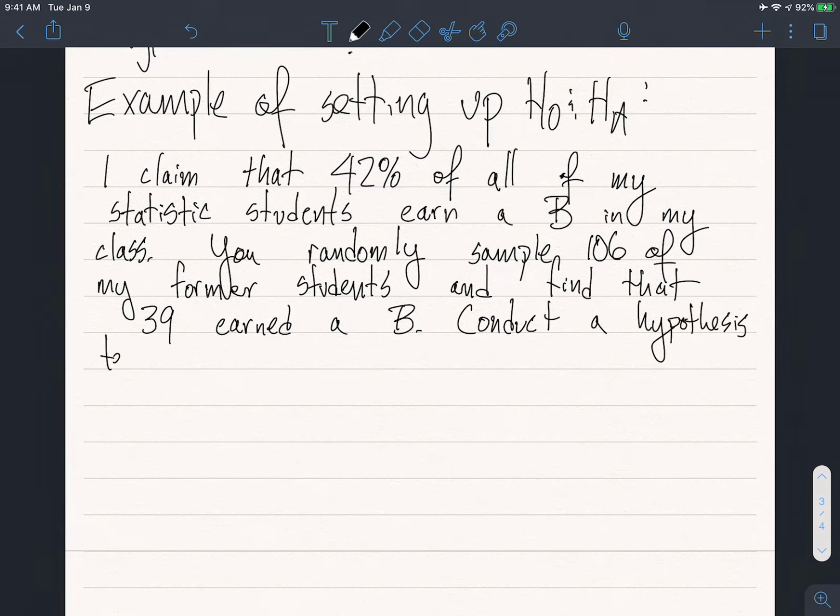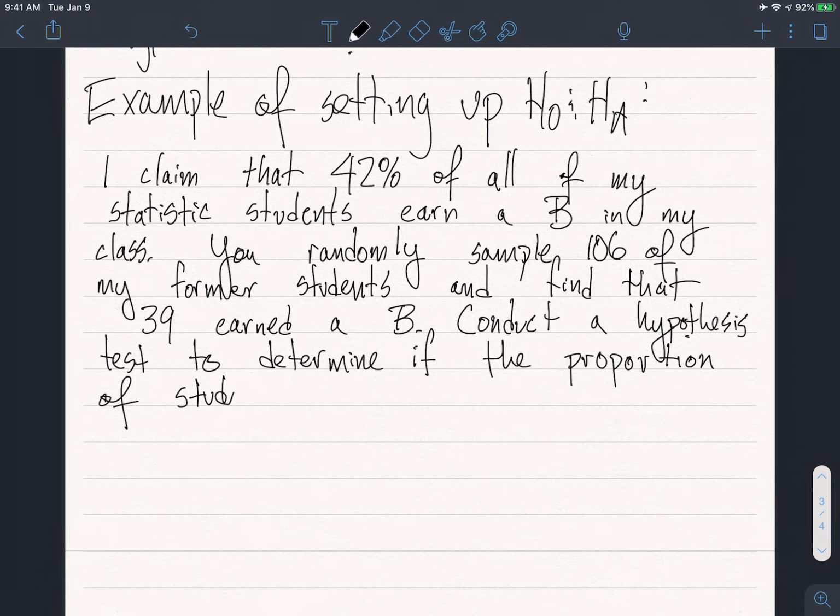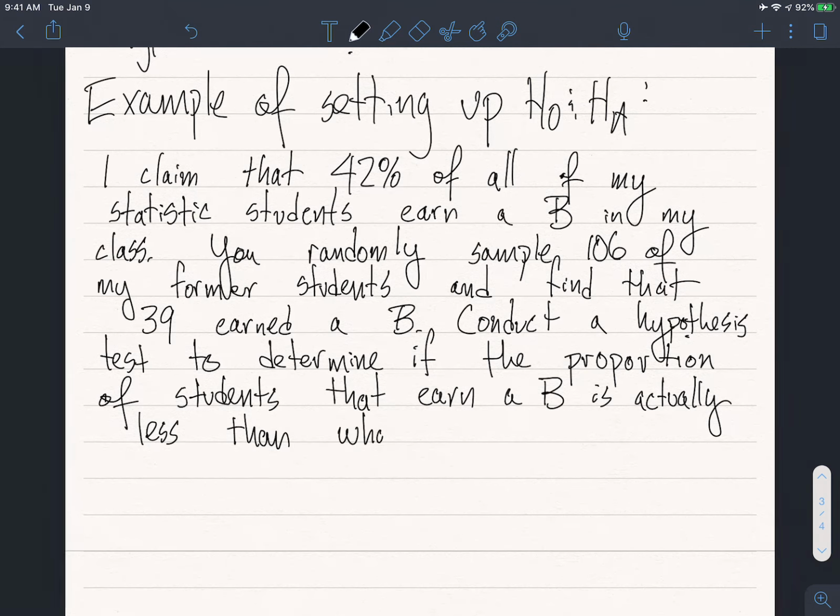We can't really do that yet, but to determine if the proportion of students that earn a B is actually less than what I claim.